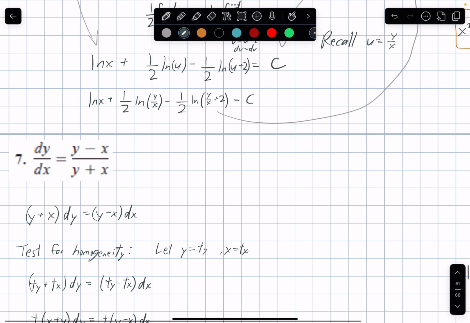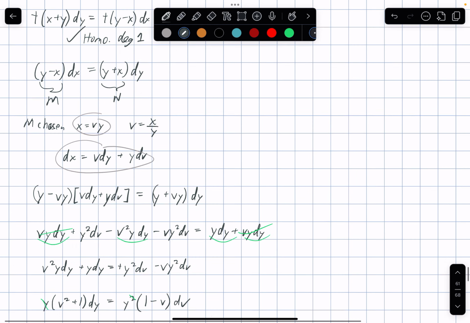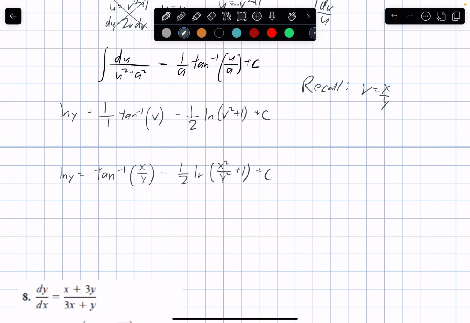Where do we find that? This one. v is x over y. So we substitute. Arctangent x over y minus 1 over 2 ln x squared over y squared plus 1 plus c.